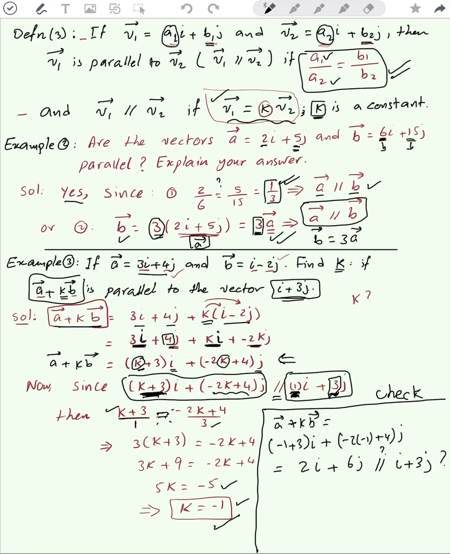Why? Just put 2 as a common factor. Let's use the other way of stating the parallelness. So the vector is equal to 2 times the parallel vector. 2 is a common factor, so in the brackets i plus 3j. Let me just write it neatly.